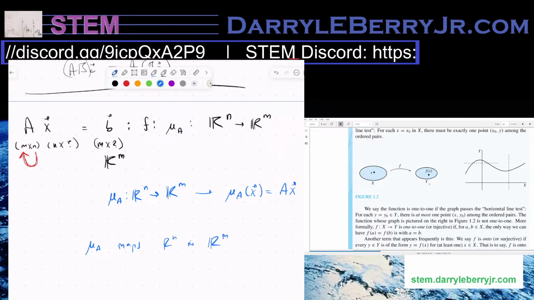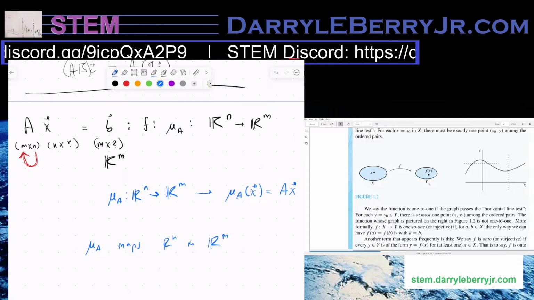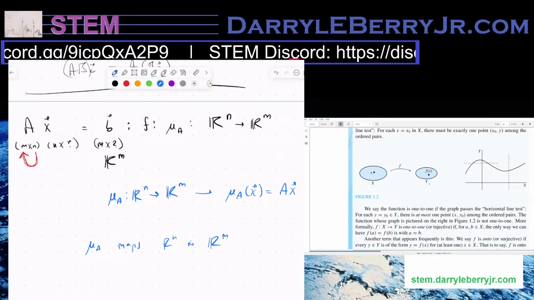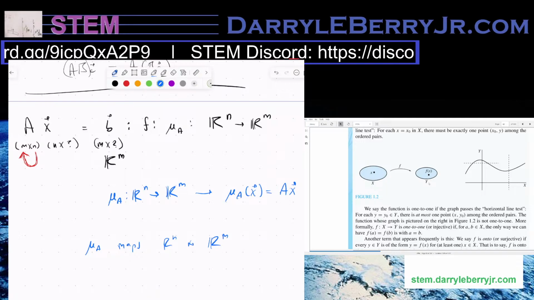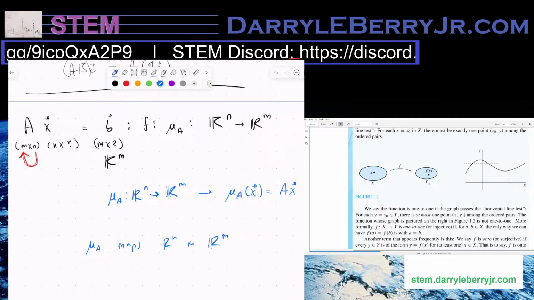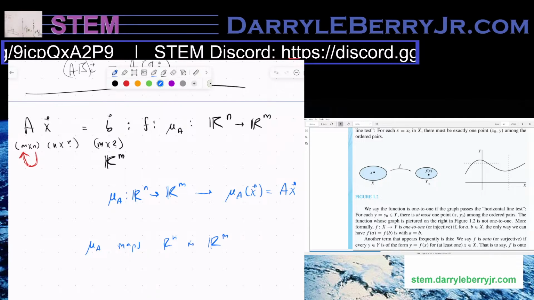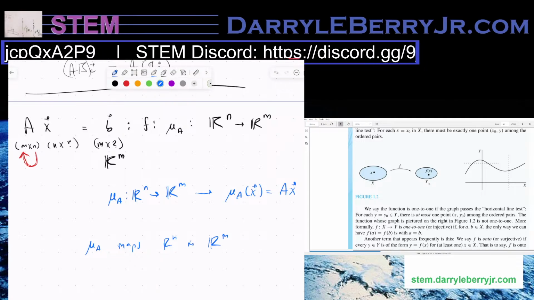We say that a function is one-to-one if the graph passes the horizontal line test. For each y equals y naught in the space y, there is at most one point (x, y naught) among the ordered pairs, so no two x's give the same y. The function whose graph is pictured on the right in figure 1.2 is not one-to-one.